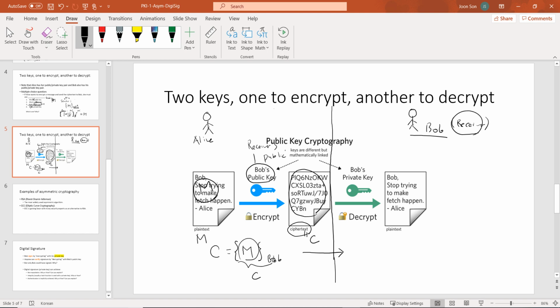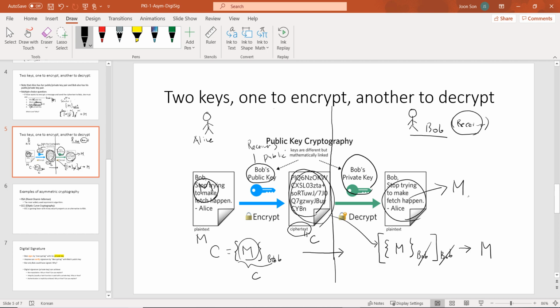So once Bob receives the ciphertext from Alice, what Bob is going to do is use Bob's private key. And it cancels out, and he is able to retrieve the plain text M.